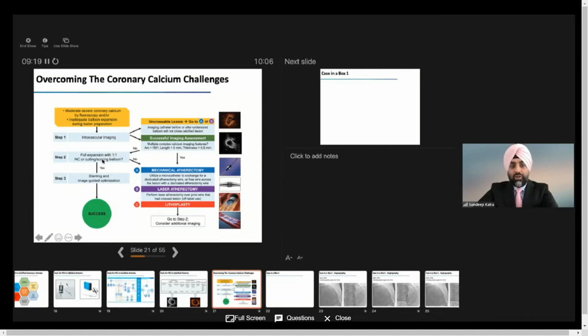Are you going to try and use balloon therapy to try and expand the vessel? Are you going to try and use mechanical atherectomy? Are you going to be using lithoplasty balloons? And then absolutely key is that once you've decided what you're going to do, once you've prepared the lesion, once you've deployed the stent, you need to image again to make sure you understand whether the stent has been fully expanded, which is one of the key risks of trying to treat calcified vessels.